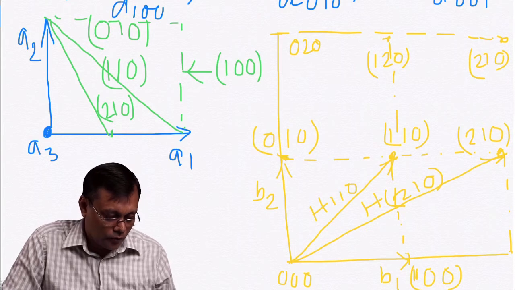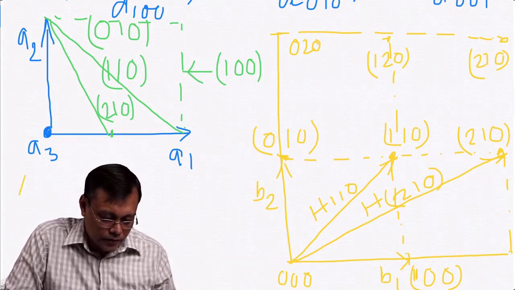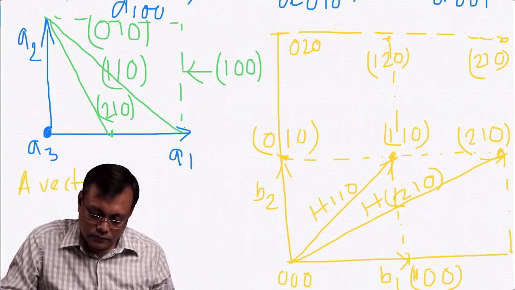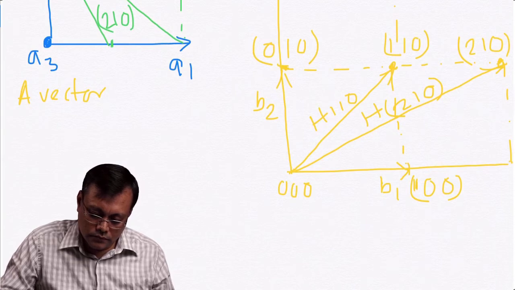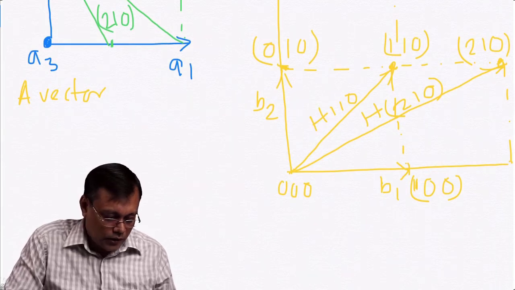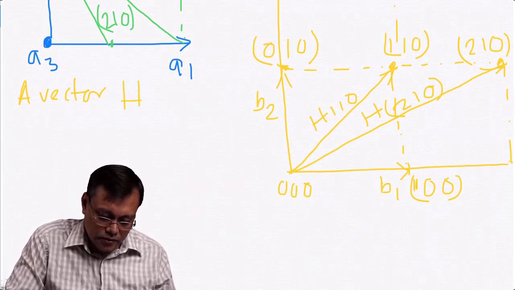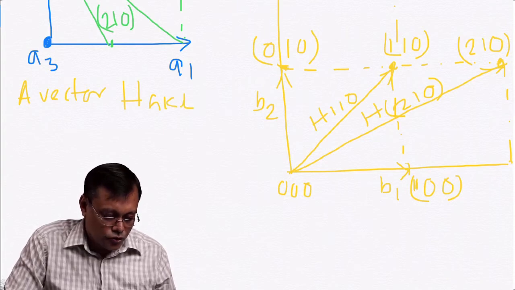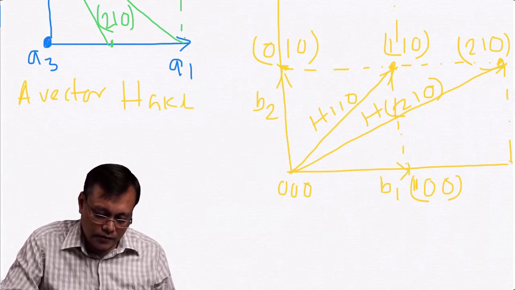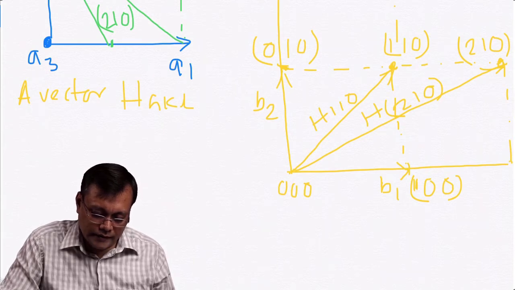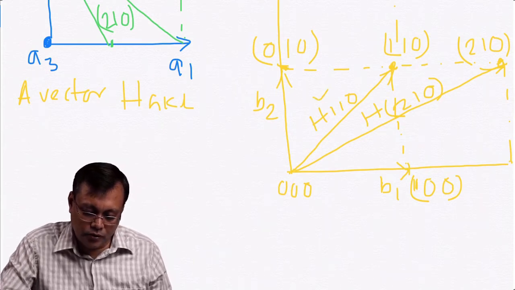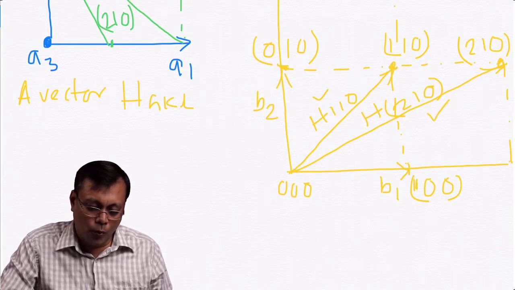Now we are actually talking about reciprocal space. A vector that is capital H, then small hkl, that is drawn from the origin of the reciprocal lattice. You can see here I have drawn capital H 110 and capital H 210.